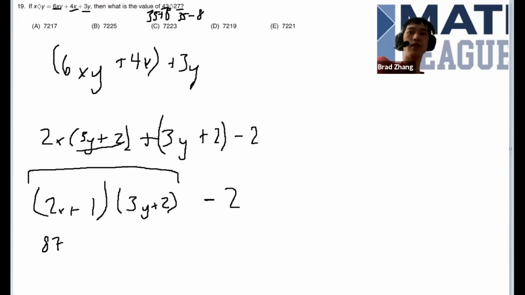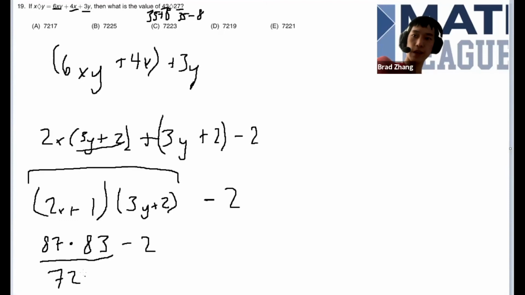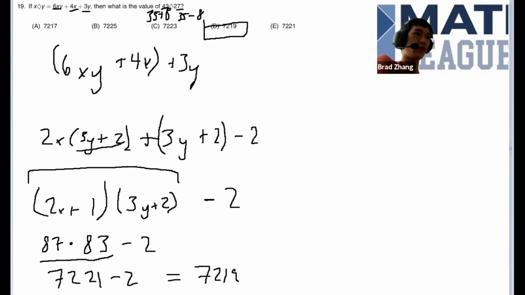That's 81. 81 plus 2 is 83, minus 2. And then finally, you should know this from your number sense. That's 87 times 83, which is 7221, minus 2, 7219.